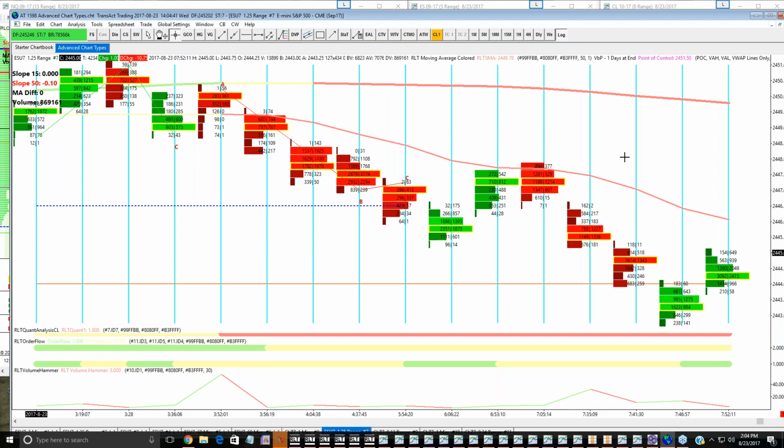The VWAP is very important for you to know, and we're going to get that configured, if possible, on Ninja soon.